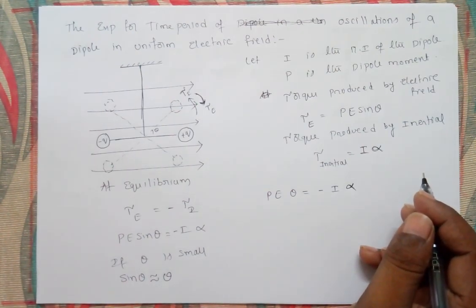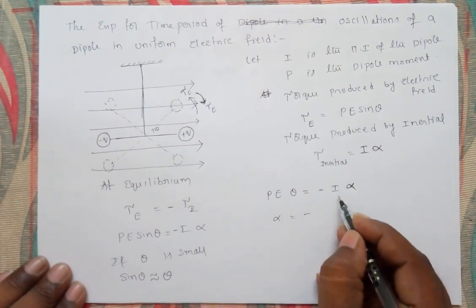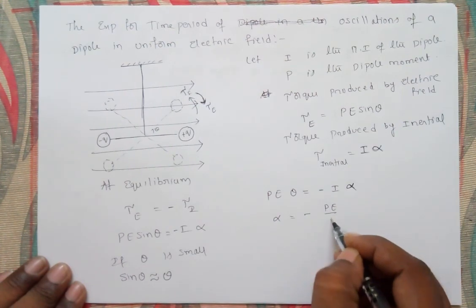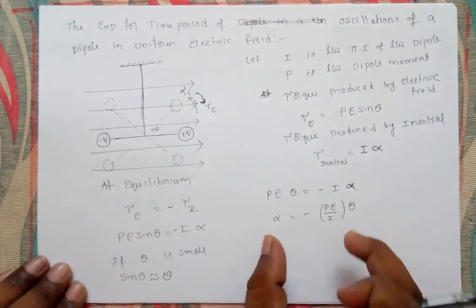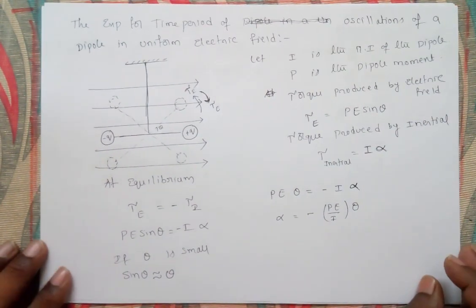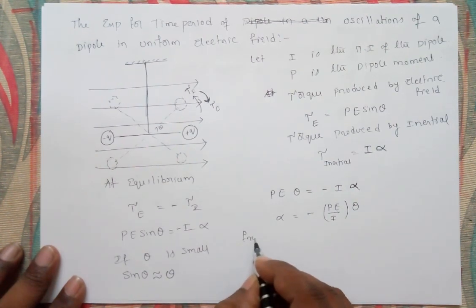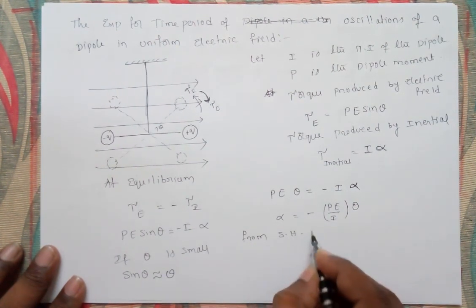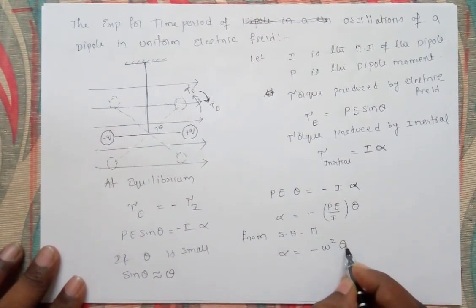So we have the expression alpha equals minus PE by I into theta. If you observe this expression, from simple harmonic motion we have alpha equals minus omega square theta.